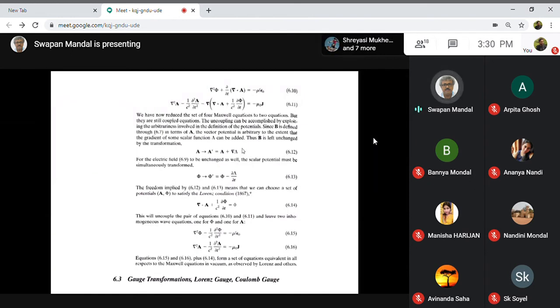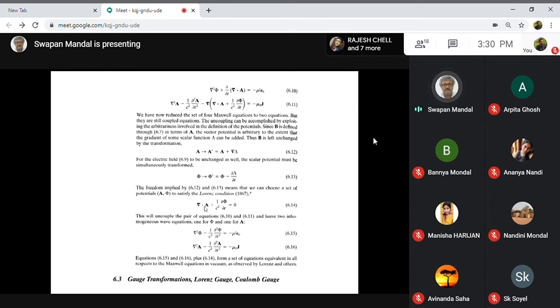So lambda is chosen in such a way, and I am stressing this point, that divergence of A plus 1 by c square del phi del t equal to 0. In other words, you just put it as 0 to get the suitable lambda, because lambda is your free choice.